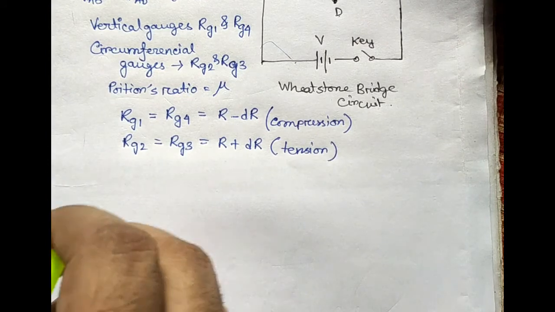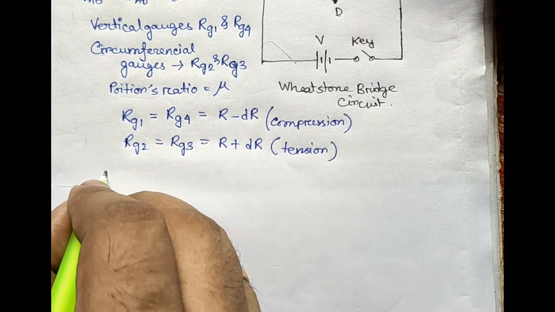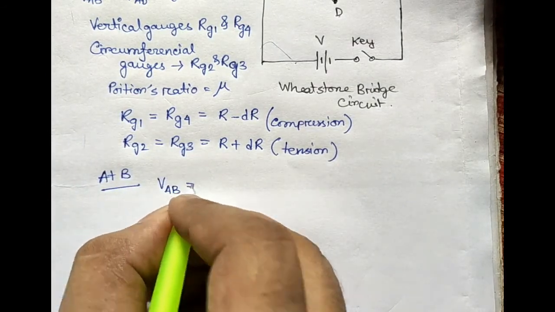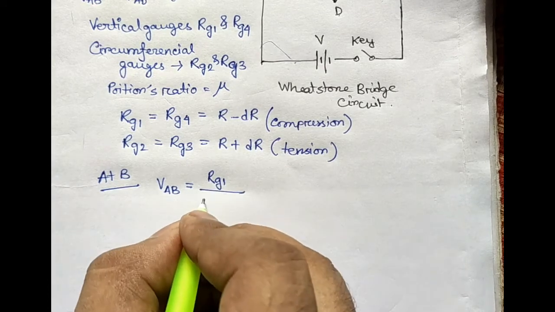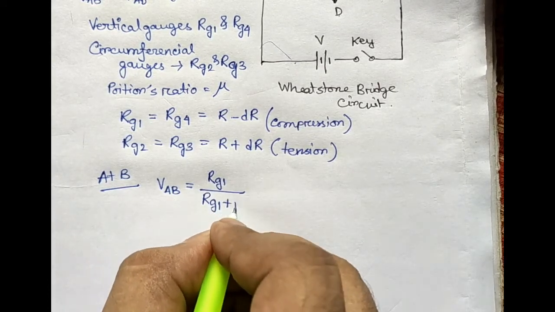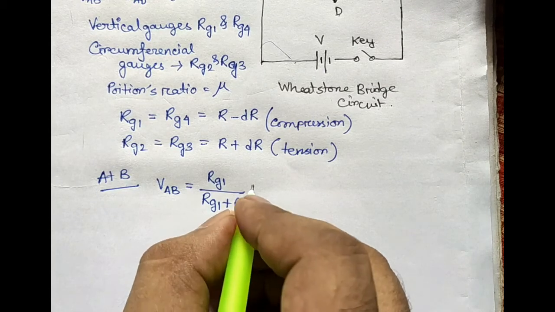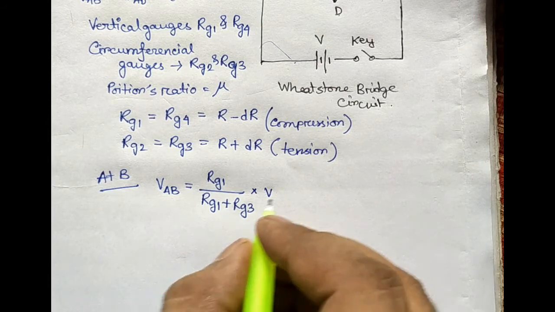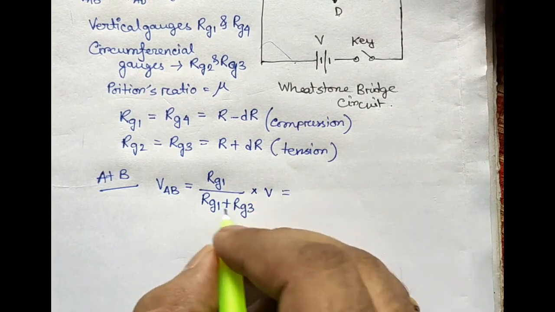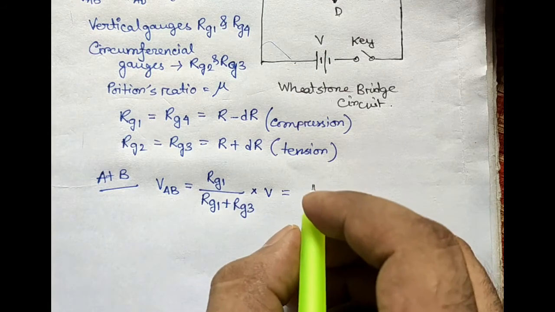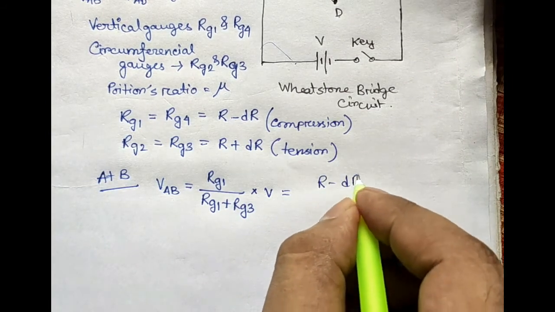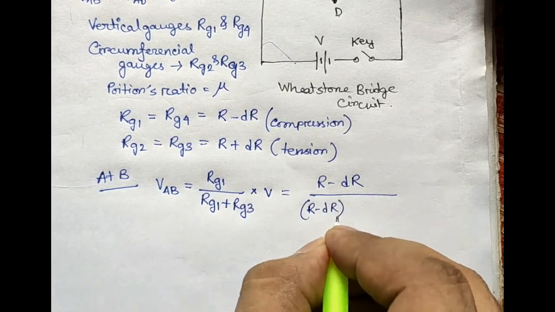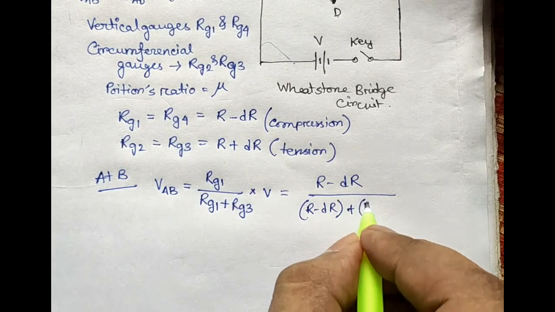Now at terminal B, VAB will be equal to Rg1 by Rg1 plus Rg3, into V. If I elaborate this expression, it becomes R minus dr over R minus dr plus R plus dr.